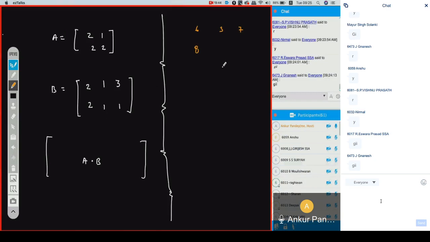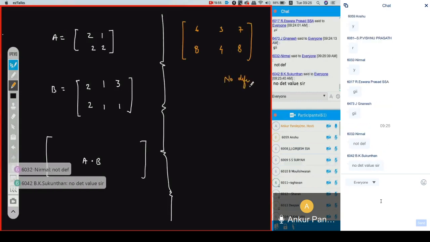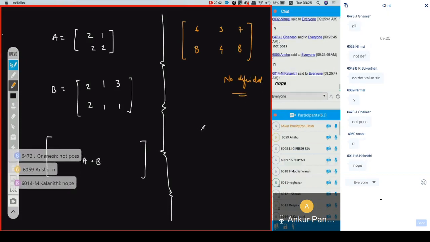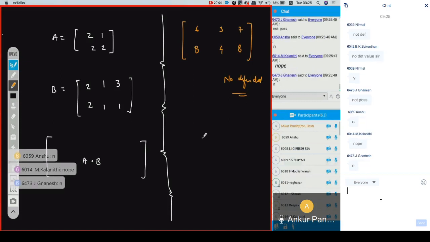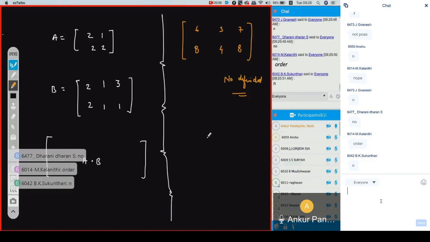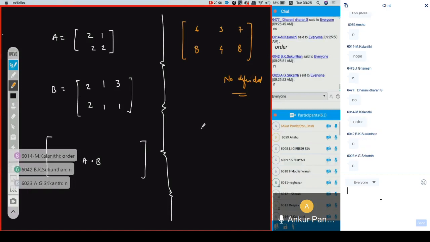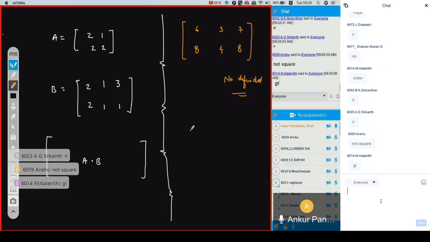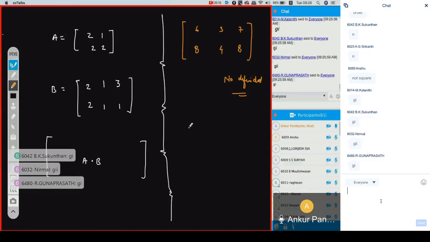Right or not? 2 and 2, 4. 6 and 2, 8. Answer is not defined. But did you really have to do all this? No. Right or not? Exactly. Got it? Easy.